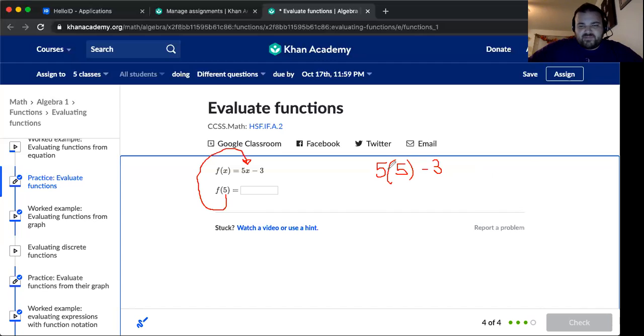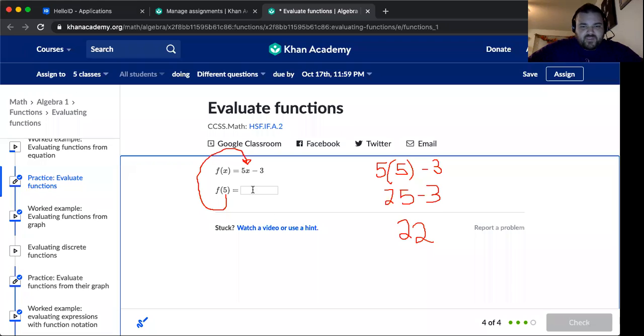So we don't want to just leave it like this. We actually want to continue working on the order of operations and simplify this down. So we can do 5 times 5, which is 25, minus 3. And 25 minus 3 is 22. So we end up with an answer of 22 for this problem.